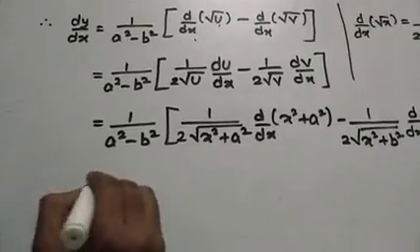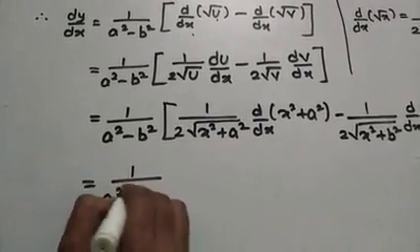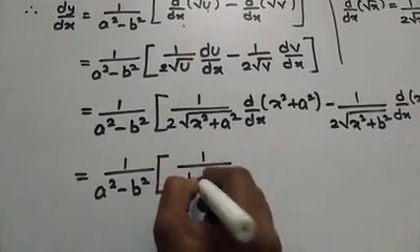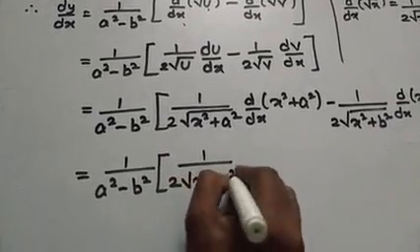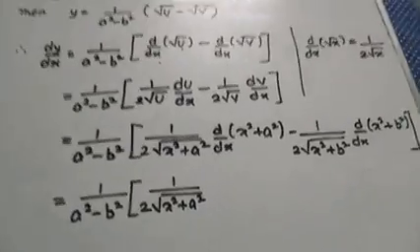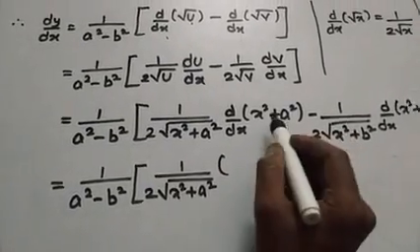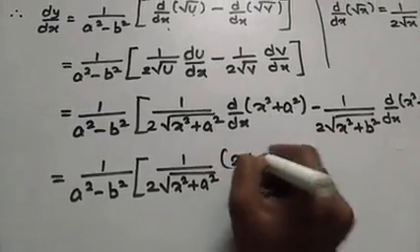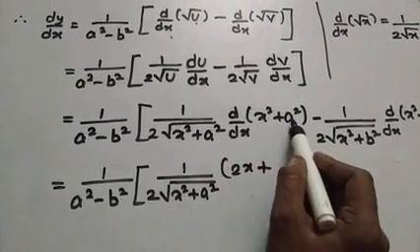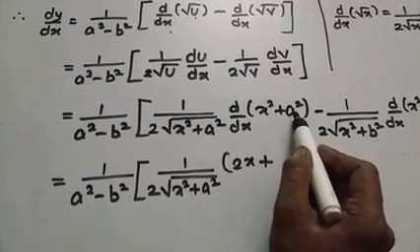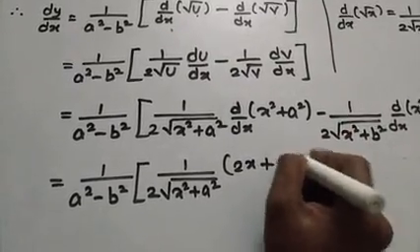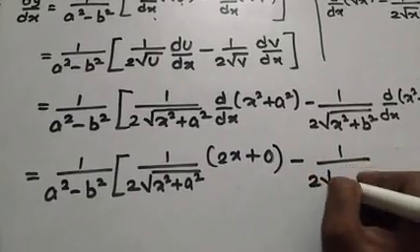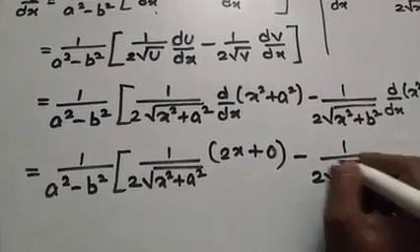Now we'll differentiate this part, and here we will directly do that. d/dx of x square is 2x, plus a square. A square is a constant and the derivative of a constant is 0, minus 1 by 2 root over x square plus b square.